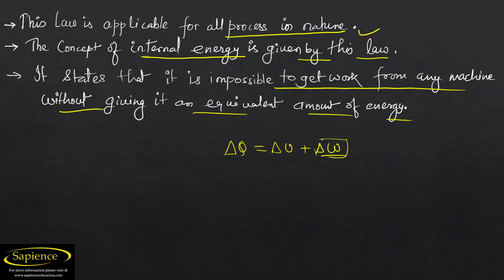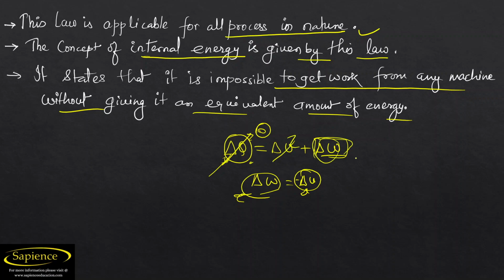Now we want work, but we don't supply energy. So if delta Q is 0, what will happen? Delta W is equal to minus delta U. It means that there is a need for internal energy in order to do the work. So it is not possible that both are 0 and yet work is done.